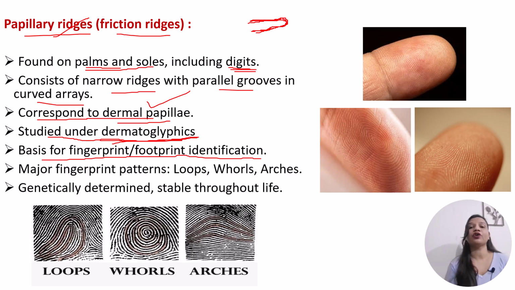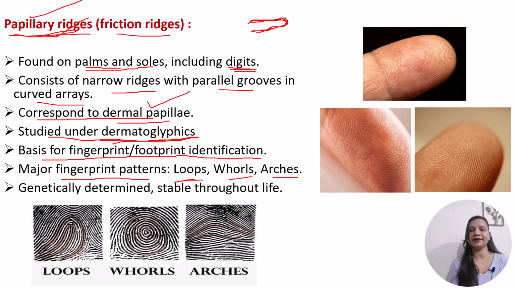The fingerprints or footprints found on skin are due to these papillary ridges, which are used medico-legally for the identification of a person. The major fingerprint patterns are loops, whorls and arches.